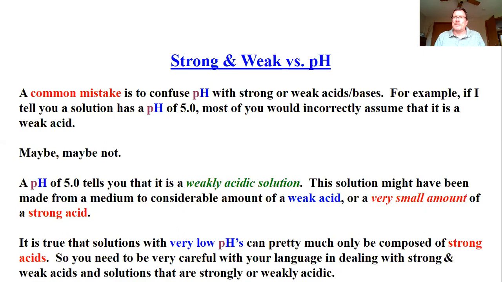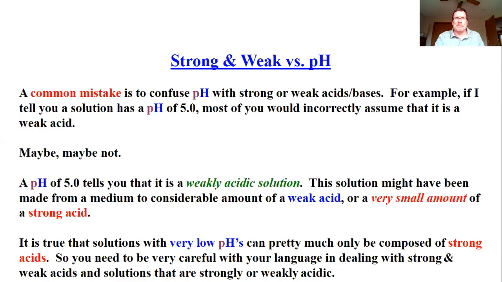It's true that when you're getting to the low pHs, like 1 or closer to 0, even 2 to some extent, it's really impossible to get a weak acid that low. It doesn't dissociate enough to give you the concentration that, when you do the negative log of it, you can get a number around 1 or 2. So that's why, yes, with strong acids, the pH is much closer to telling you the truth.